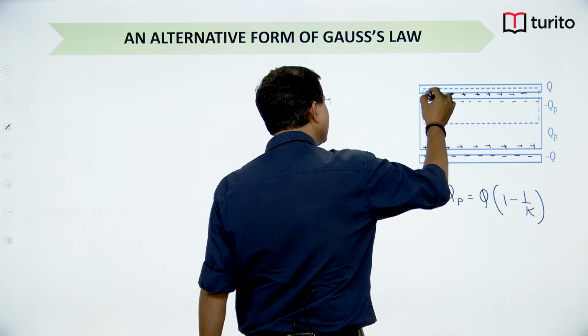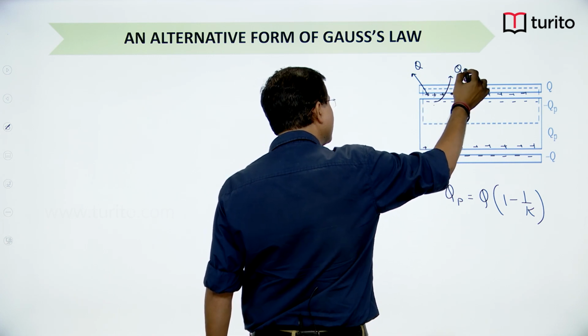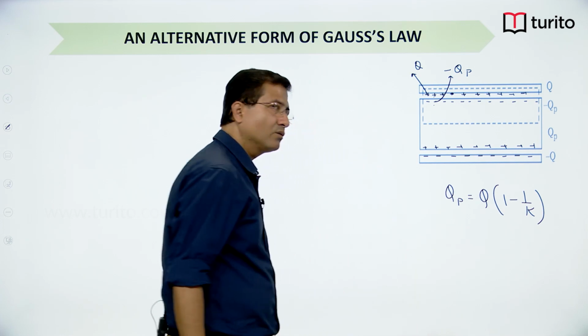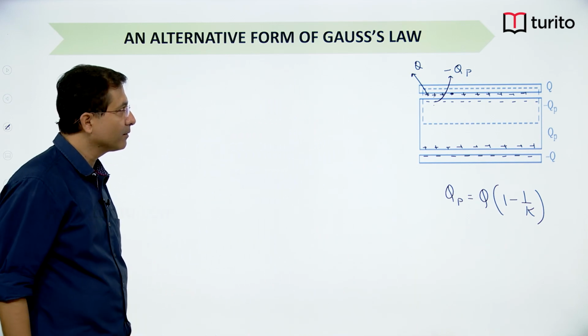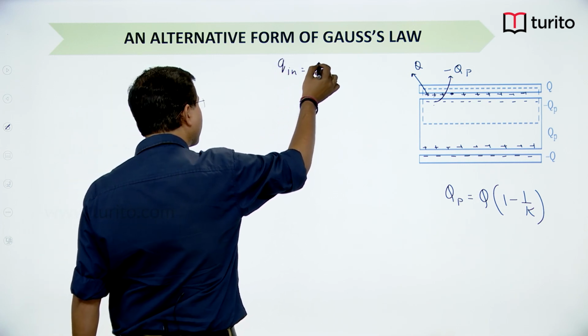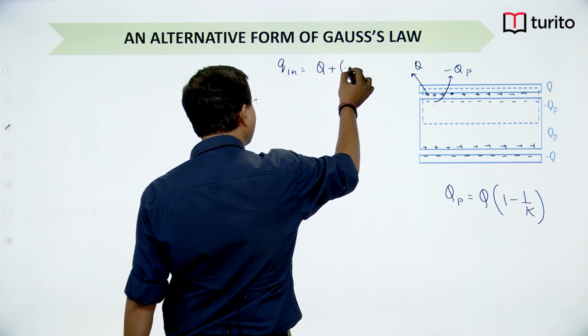Here this is Q and this one is Qp with a negative sign. So the total charge enclosed here will be Q plus, in bracket, minus Qp. So Q in, I will write, is Q plus minus Qp.